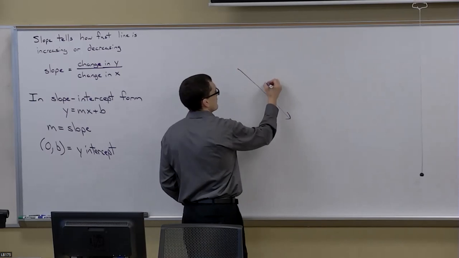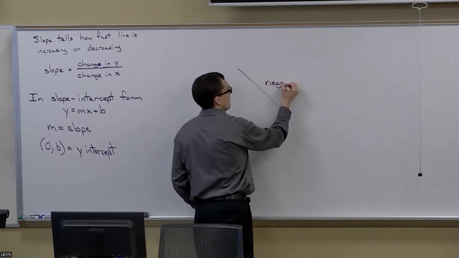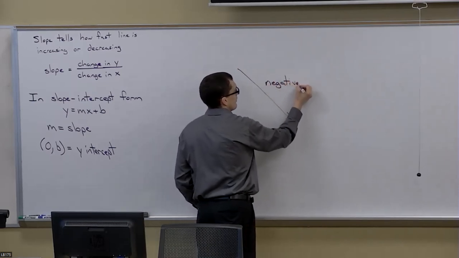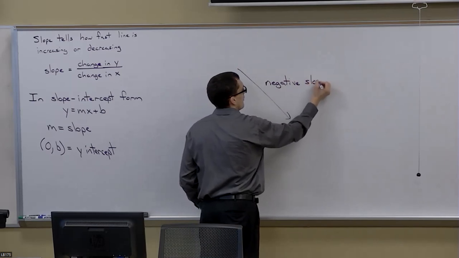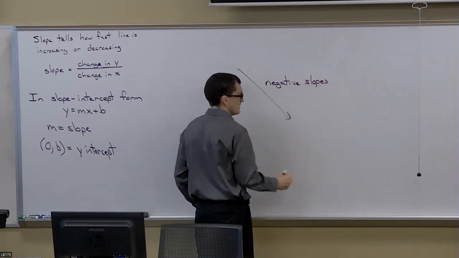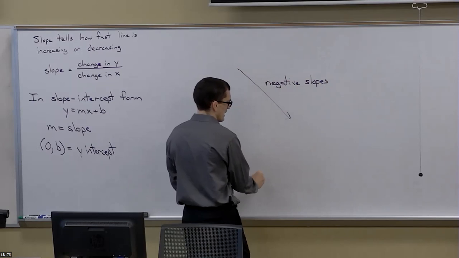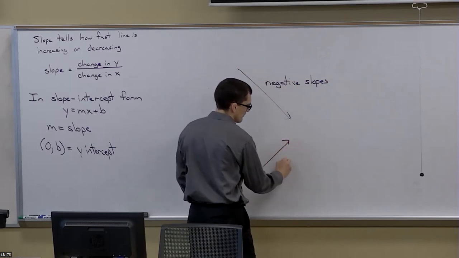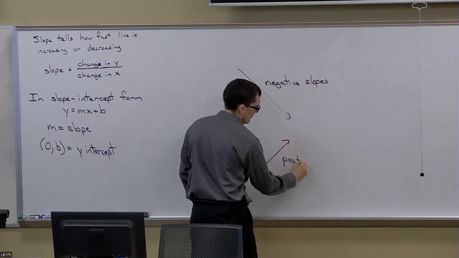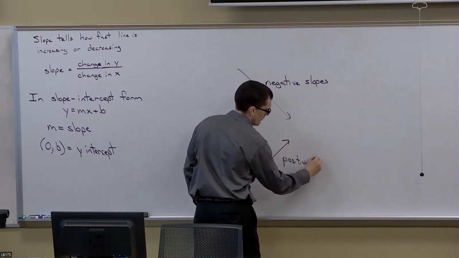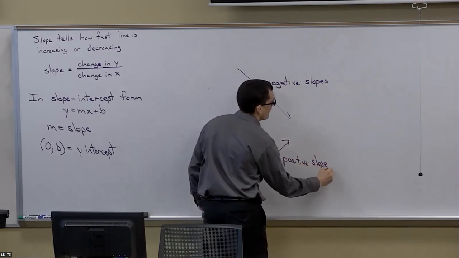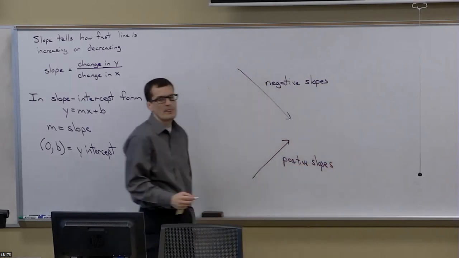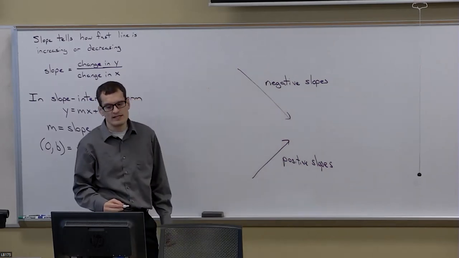So negative slopes are decreasing lines, and positive slopes mean that your line is increasing.